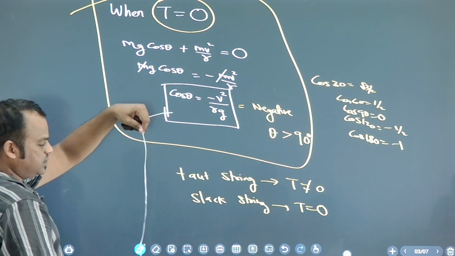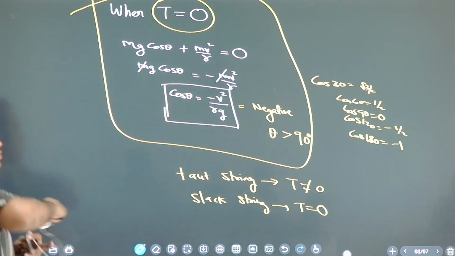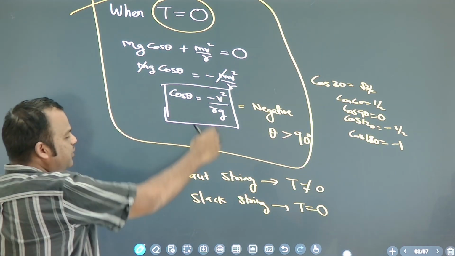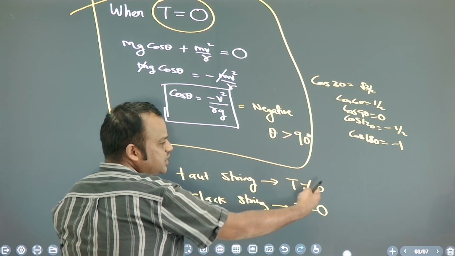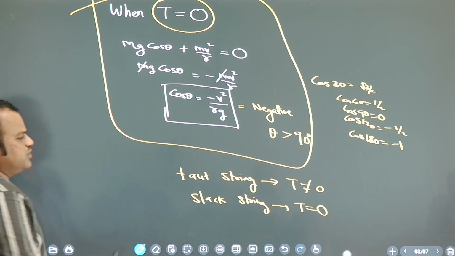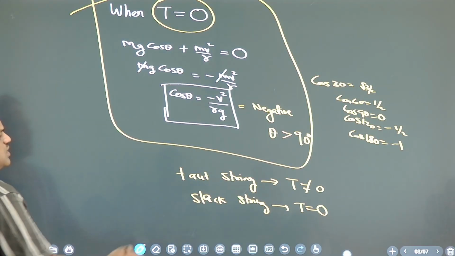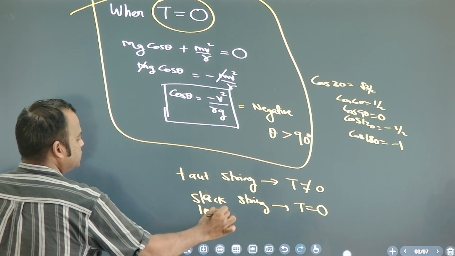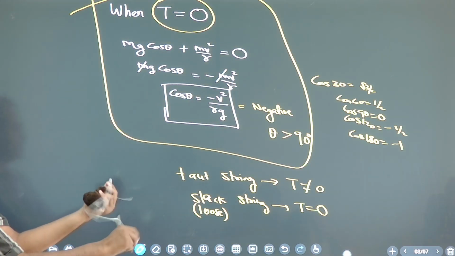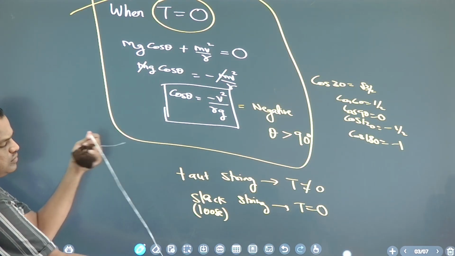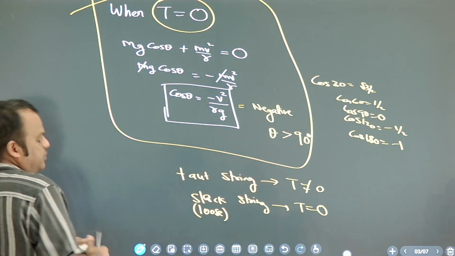Now what is the tension? mg. Okay. Are you getting or not? What do you mean by taut string? Taut string means tension not 0. Slack string means tension 0. Loose string. Like this, loose string. What is the tension? 0. Now tension is there. Okay, understood?